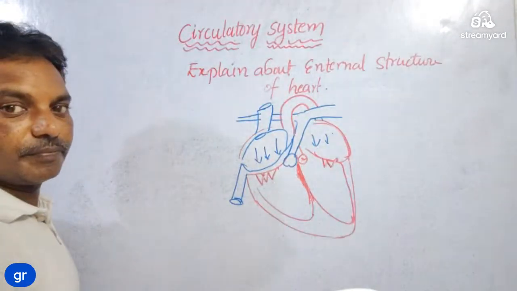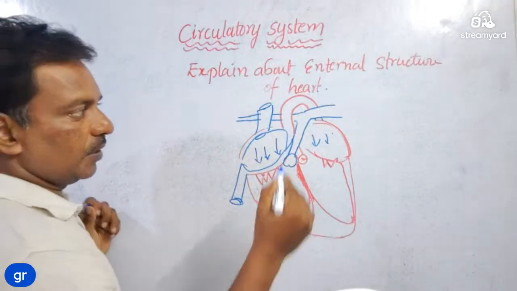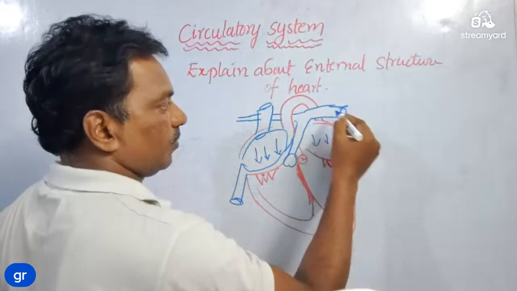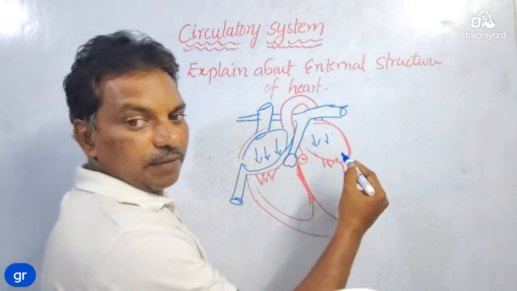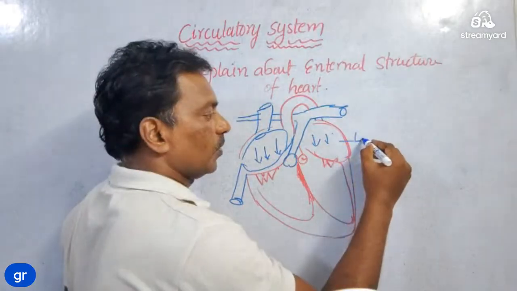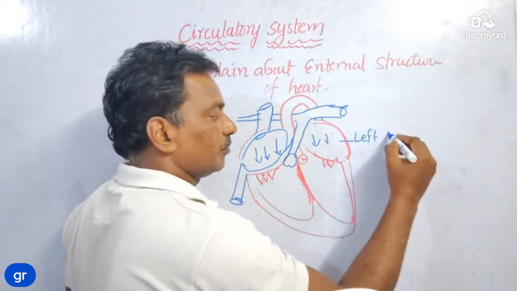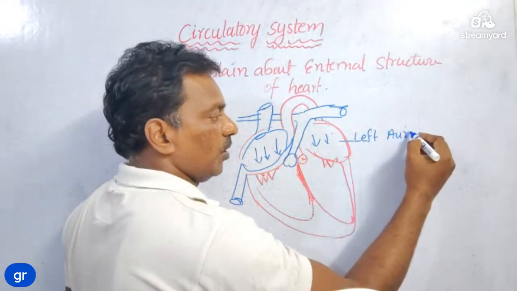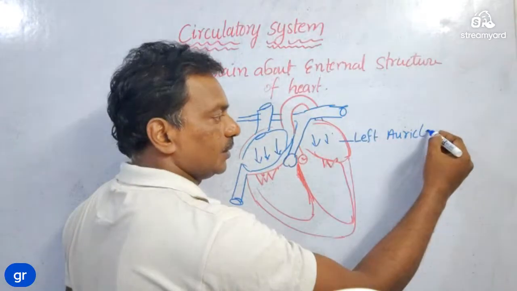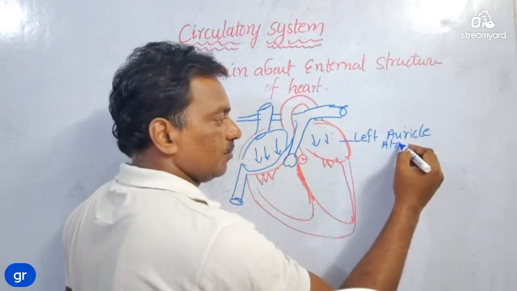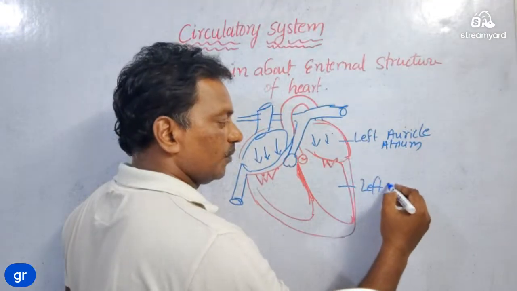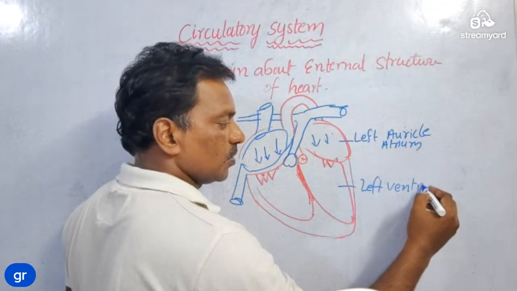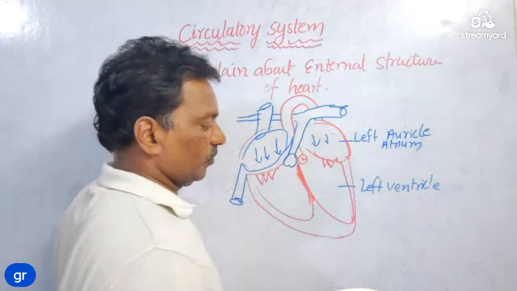Right here, the internal structure of heart. So this is the left auricle, which we call the atrium. This is the left ventricle.